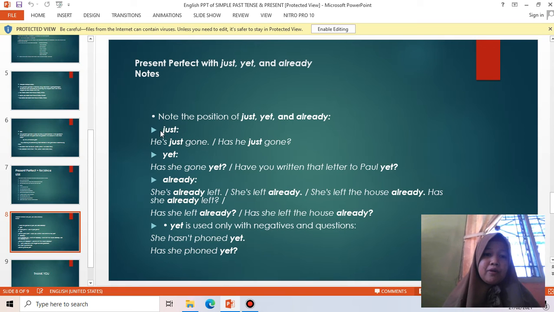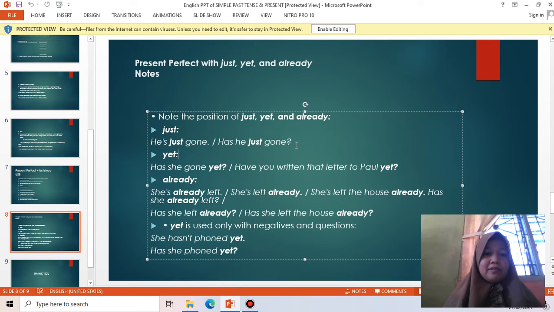Now we start from the word just. Here is an example. He's just gone. It is the positive form. Has he just gone? It is the interrogative form. Note that just appears after the subject.